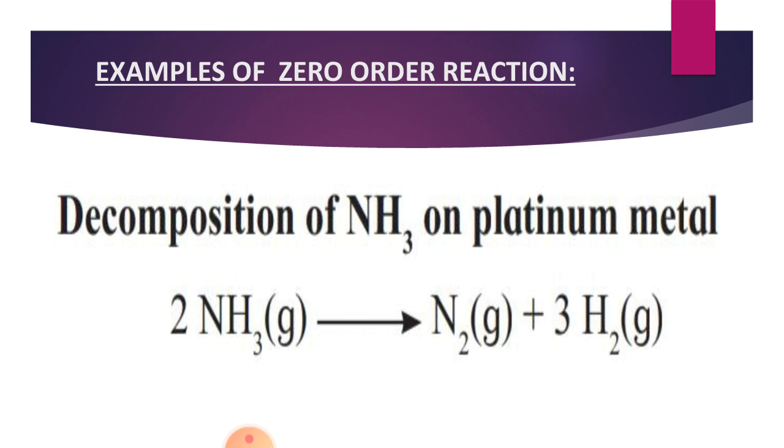So here student, the rate of a reaction was independent of the total concentration of ammonia and it remains constant. So this is an example of zero order reaction. When ammonia is reacted, it gives nitrogen and hydrogen gas.